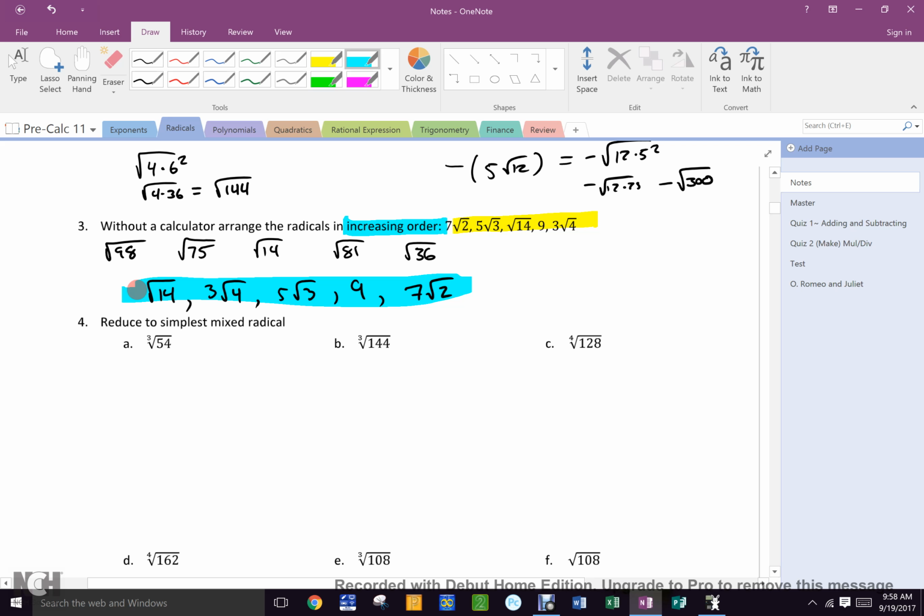Is everybody cool? The point of questions like that is to remind you that this particular value, 9, is also the square root of 81, which is also 3 squared, right?